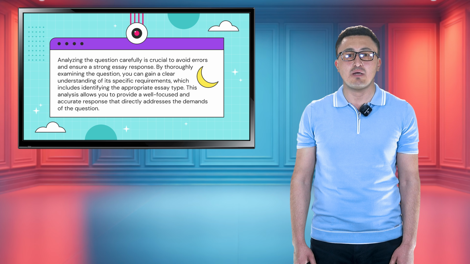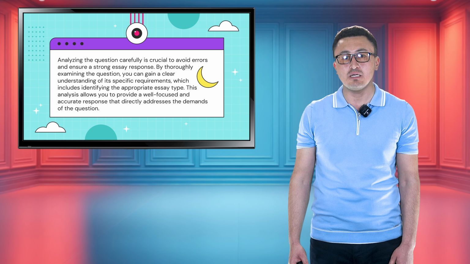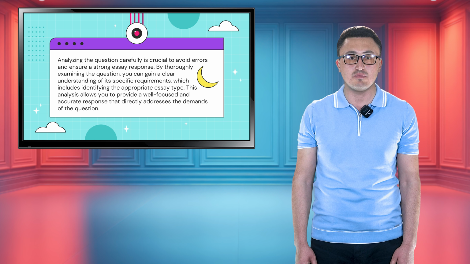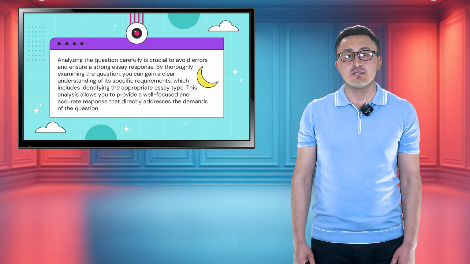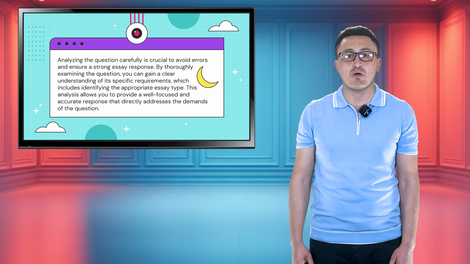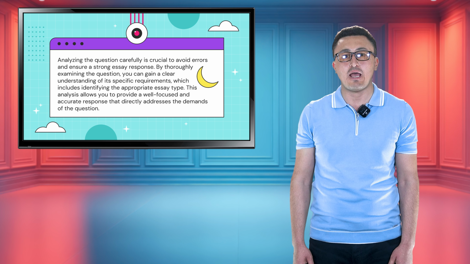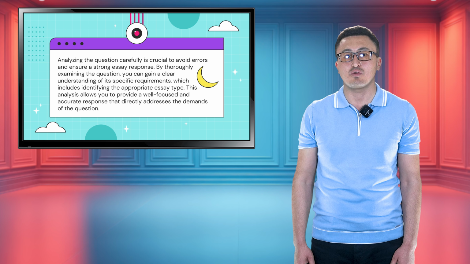Analyzing the question carefully is crucial to avoid errors and ensure a strong essay response. By thoroughly examining the question, you can gain a clear understanding of its specific requirements, which includes identifying the appropriate essay type. This analysis allows you to provide a well-focused and accurate response that directly addresses the demands of the question.